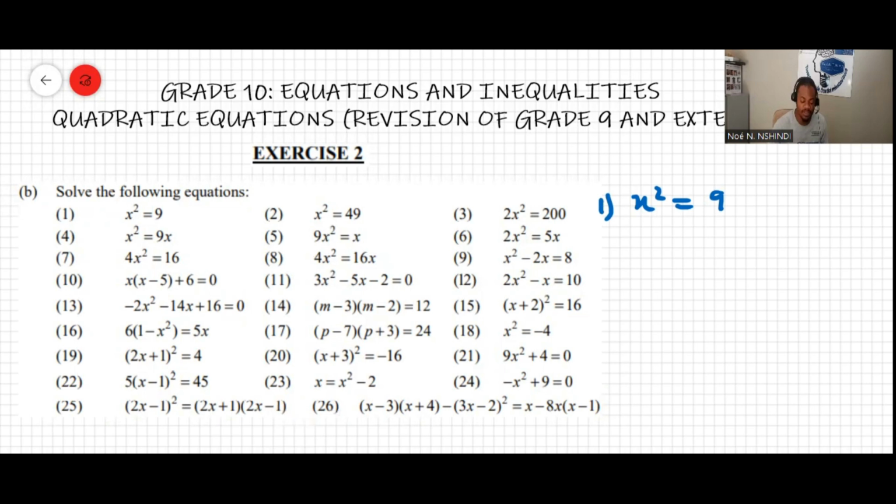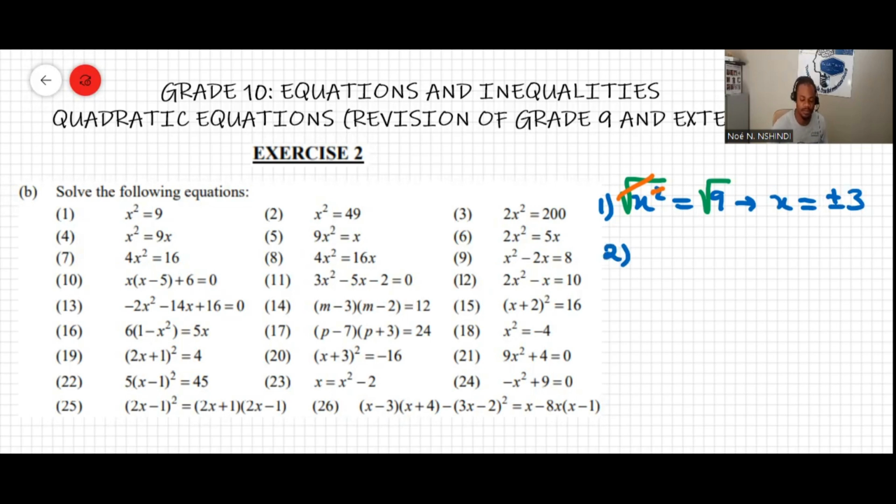But the quickest and most useful method here will be to square root both sides. The square root will cancel this power of 2. When we have an equation with a variable, this will be x equal to not 9, but rather plus or minus 3.